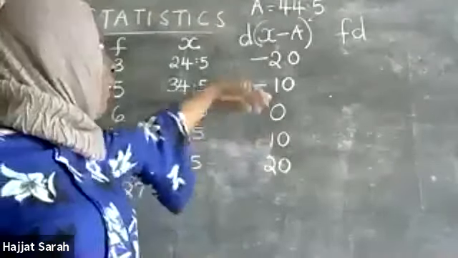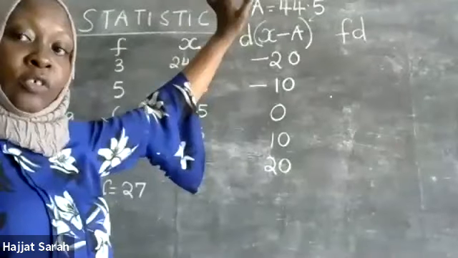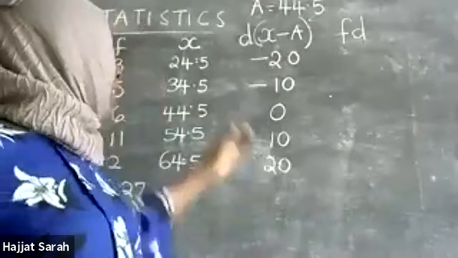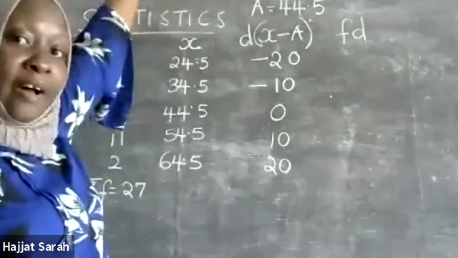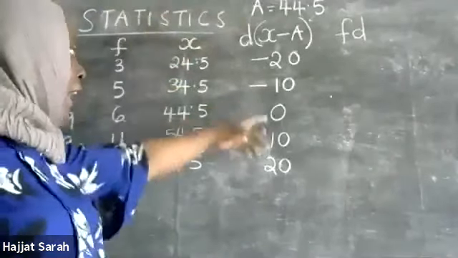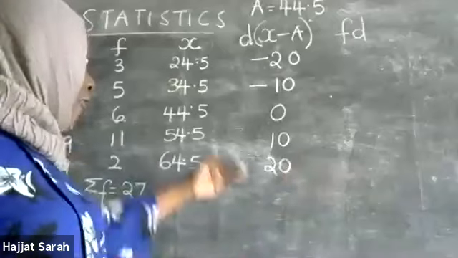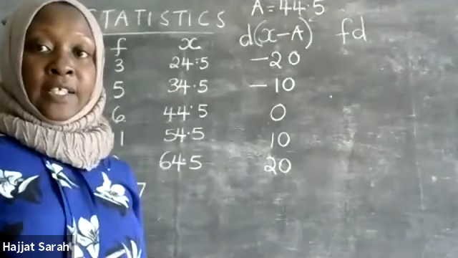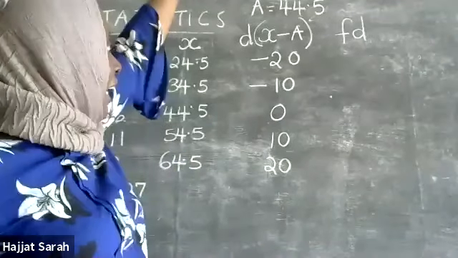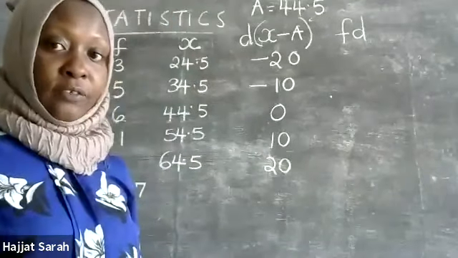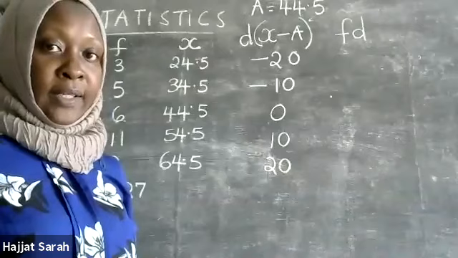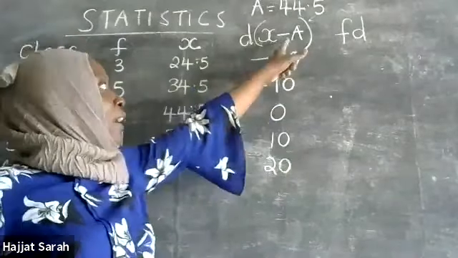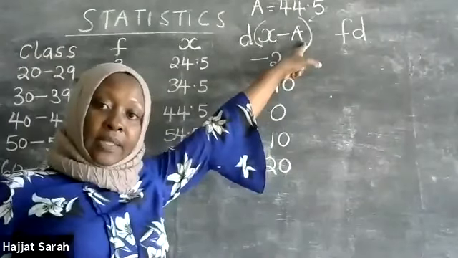Above that 0, the values are always negative. Below that 0, the values are positive. It's simple because the values of x above are smaller than your working mean, and the values down here are bigger than your working mean. So that is why these are negative and these are positive. Have you understood how we work out D? You simply get x and subtract the working mean.